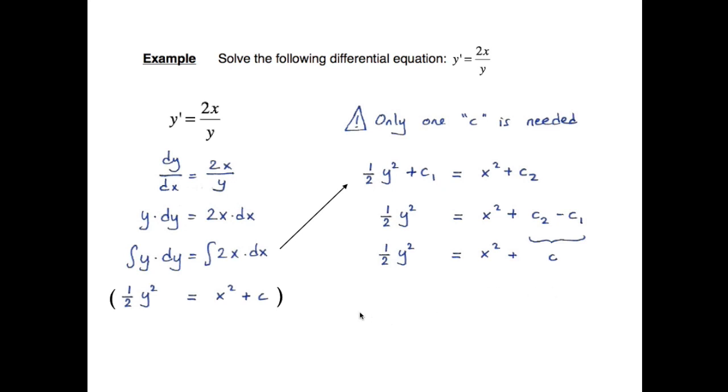So let's move on. From here, I'm going to multiply by 2. y squared equals 2x squared plus 2c. But instead of writing 2c, since it's still a constant, I'm just going to give it a new name. And therefore, y squared equals 2x squared plus k. k equals 2c.